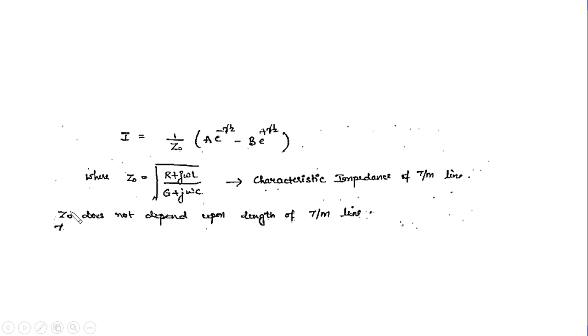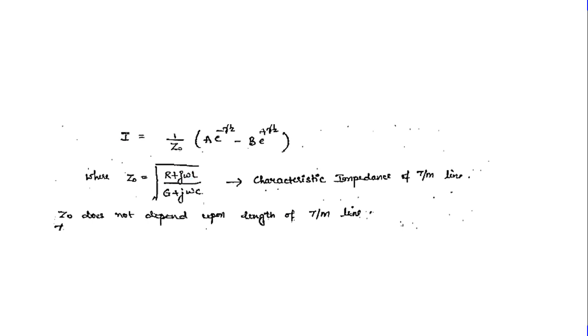This Z0 does not depend upon the length of the transmission line, because it depends on the parameters R, L, G and C. All these are per unit length characteristics. We need not calculate the values for the whole length of the transmission line. So this is the characteristic impedance for the transmission line which is having losses, that is for a lossy transmission line.